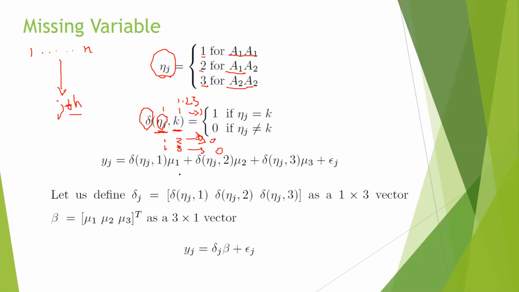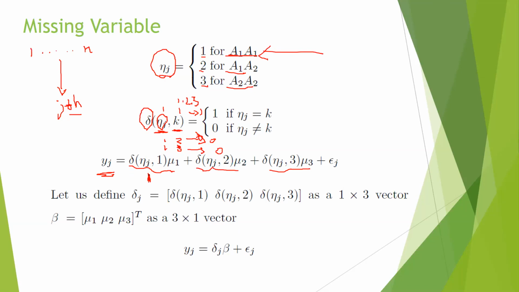Now look at here. Suppose this one comes from the first subgroup, which is like genotype A1. This is the mixture model. We put the 3 subpopulations here. If this one comes from the first subpopulation, this becomes 1.